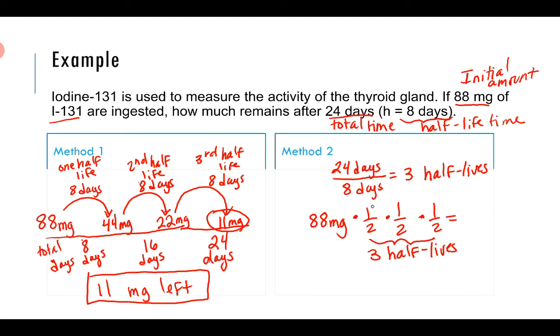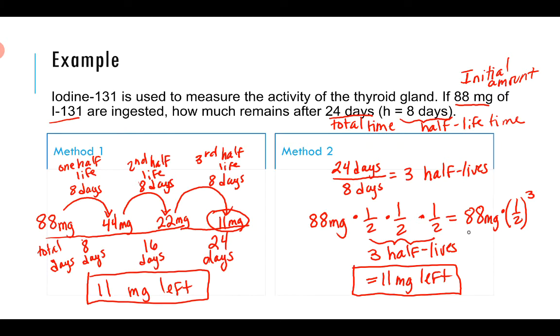I can simplify that to 88 milligrams times 1/2 to the third power, and that is also equal to 11 milligrams left. This method is similar to that equation on the previous slide, where we had our initial amount times 1/2 raised to the exponent of total time over the half-life time gives us our final amount.